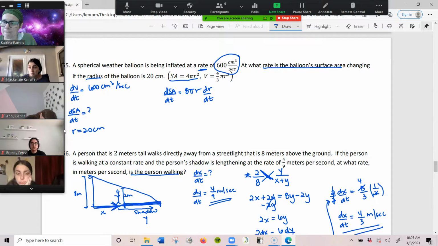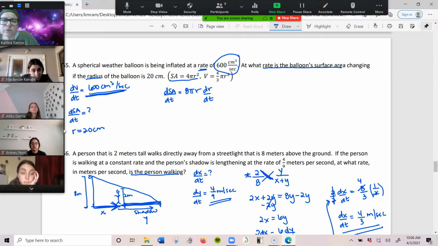Yes? Now I have the radius, but my problem is that I don't know what dr dt is. And that's why we were given this, because that must mean that we can use dV dt to solve for dr dt. So we're going to come here to the volume. Volume is equal to 4 over 3 pi r cubed.